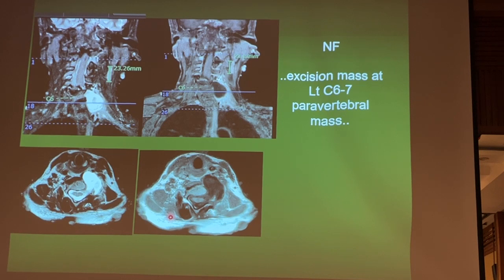Our current case, very classic type, you have again this scoliosis kyphotic type of patient, known NF with a nice mass at the paravertebral area. They misunderstood it as a neurofibroma or whatever the mass was and were setting up for excision of the mass.